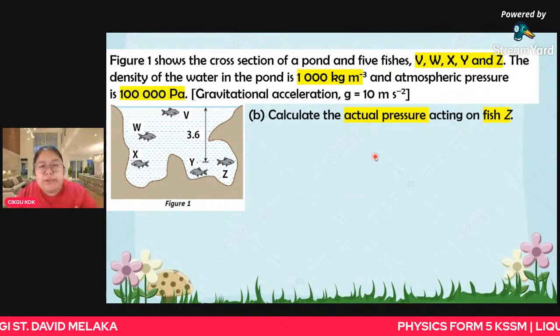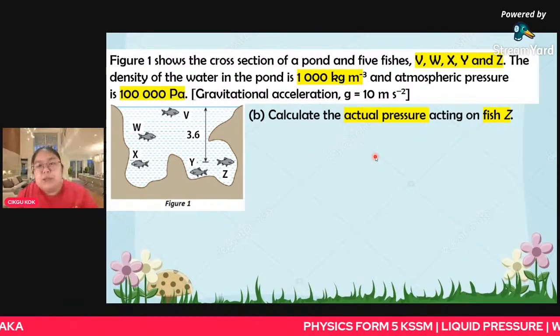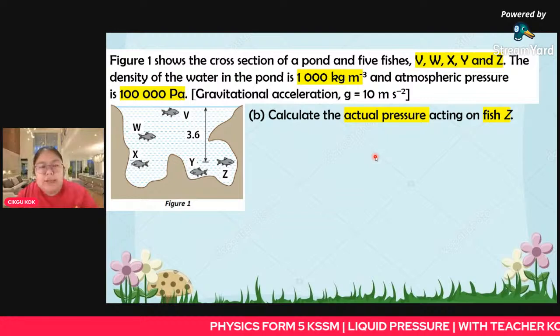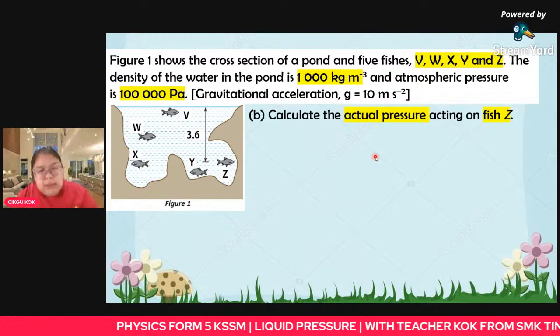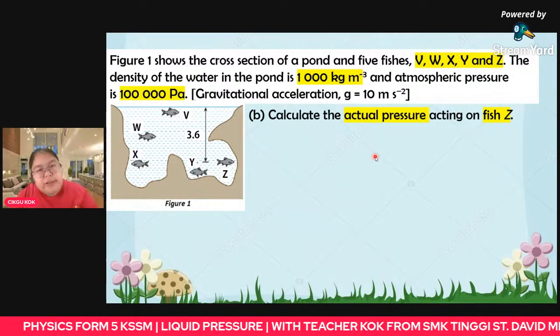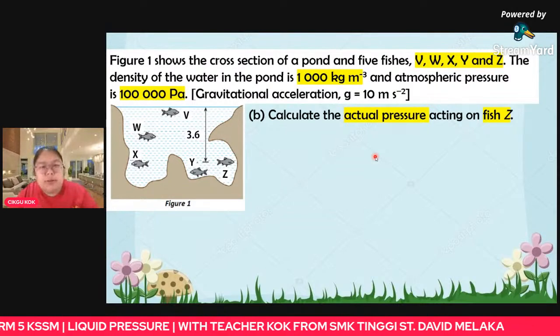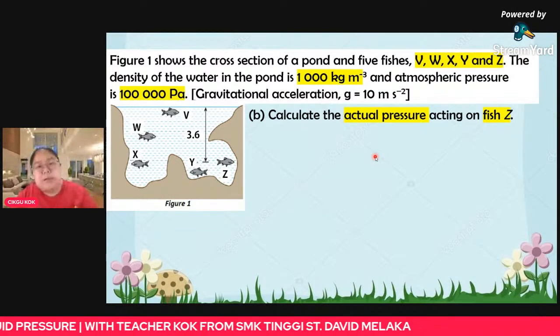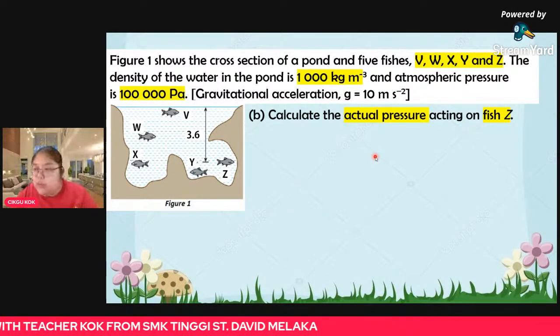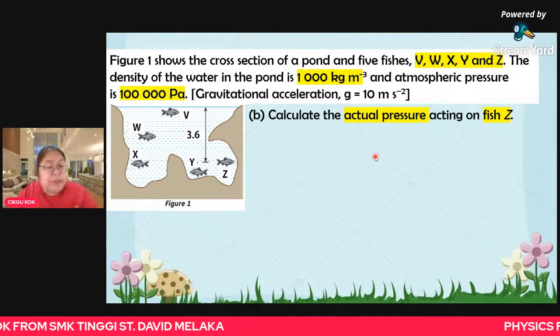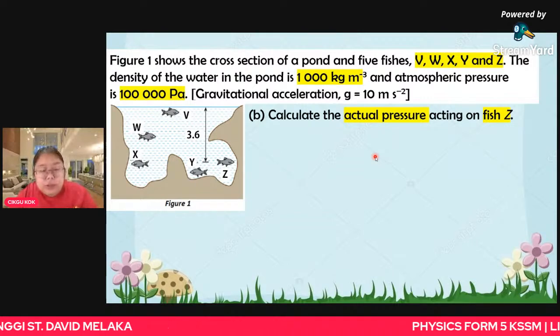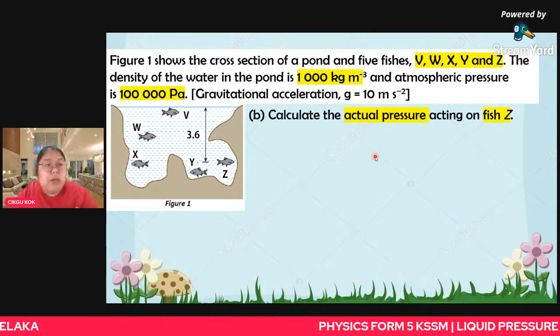So 3.6 meter. After that, they told you the density is 1,000. Then the gravitational acceleration is 10. After that, you add the atmospheric pressure. I think they missed out the unit. 3.6 should be meter, not cm. Cm is so small. So this one should be meter.